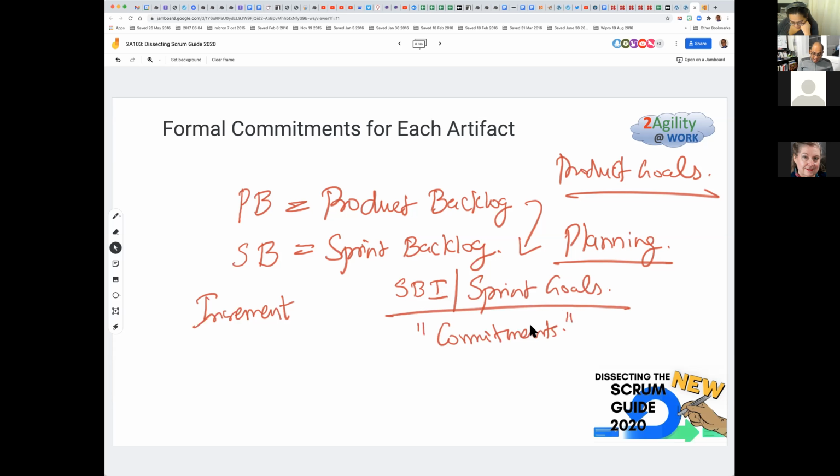And then at the end of the sprint, we look at the increment. The increment is at the quality of the definition of done, whatever standards we said we will deliver to. And then the inspection of whether the commitment has been met happens in the sprint review.